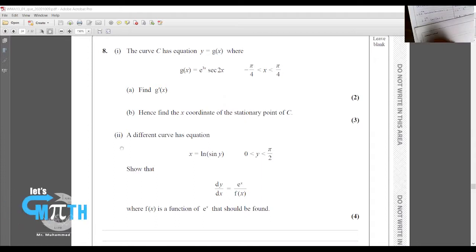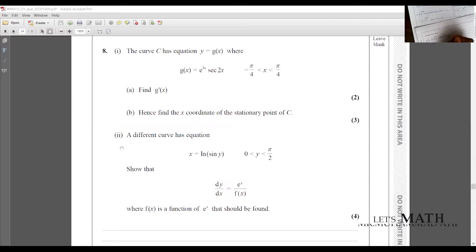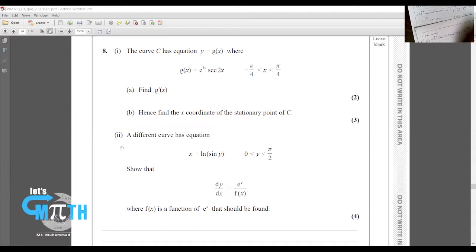So for B, we'll take the derivative, e power 3x, equal to 0.